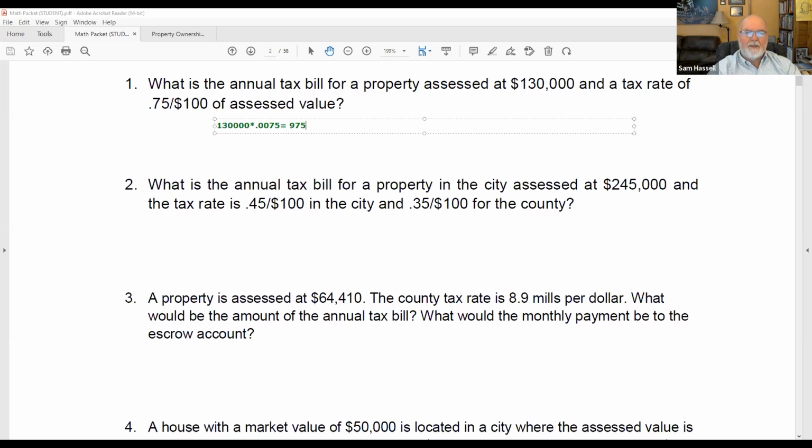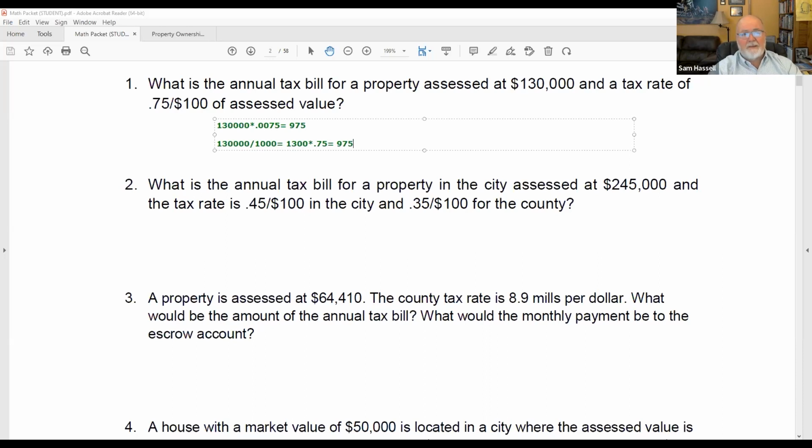Or we could have just as well done it this way: 130,000 divided by 100 is going to equal 1,300, and then multiply it by 0.75. And guess what? That's probably going to give us the same answer.